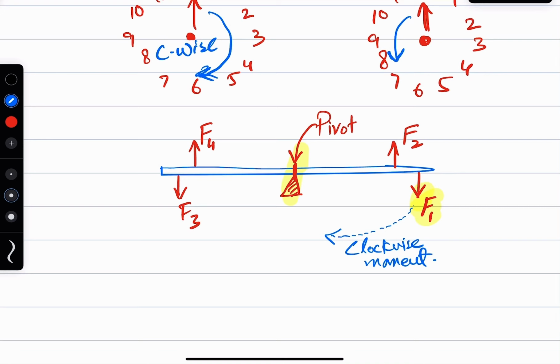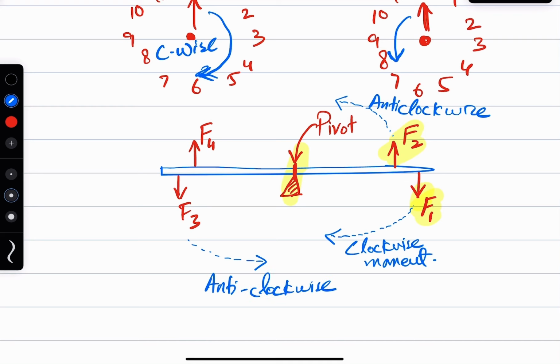And if we consider F2, the force that is on the right and acting upward, right of the pivot point, if we extend this arrow towards the pivot, it will produce a moment like this. This is anti-clockwise moment. And if we consider F3, which is on the left side of the pivot point and acting downward, if I produce the arrow towards the pivot point from F3, it will be anti-clockwise.